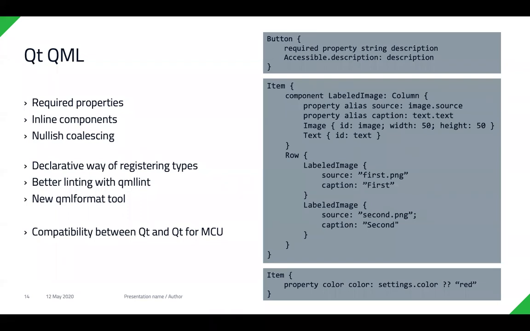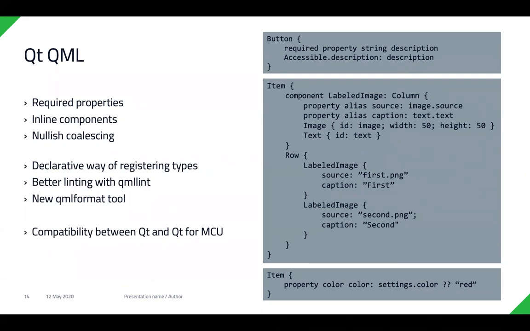A nice new ECMAScript feature was also added with nullish coalescing, where instead of having the ternary question mark colon operator, you just have two question marks. If the left-hand side is defined, it'll use the left-hand side. If it's null or undefined, it'll use the right-hand side.